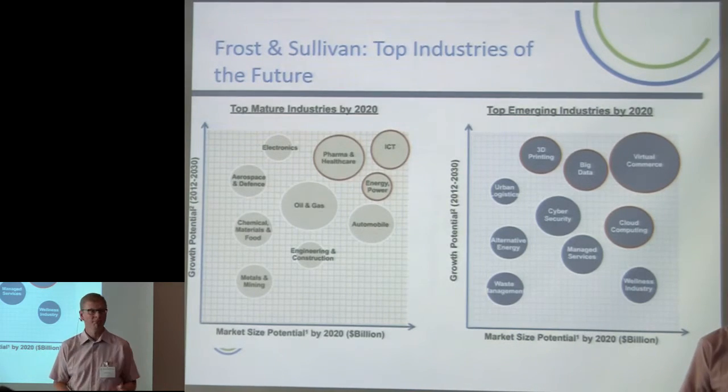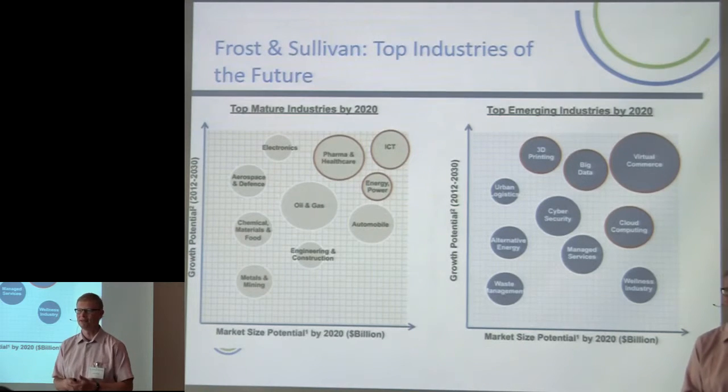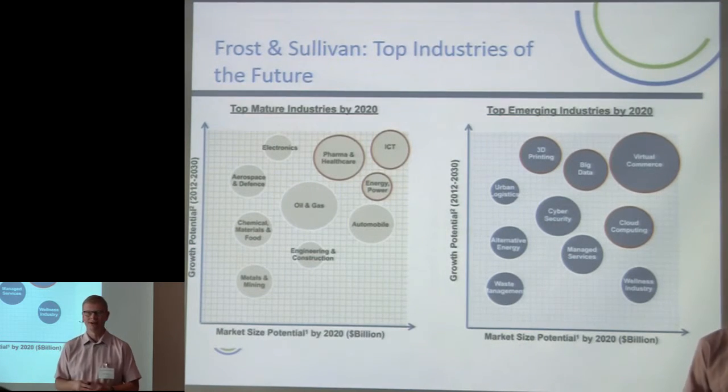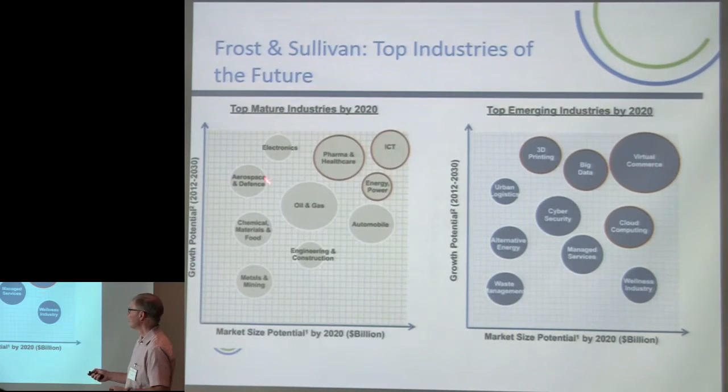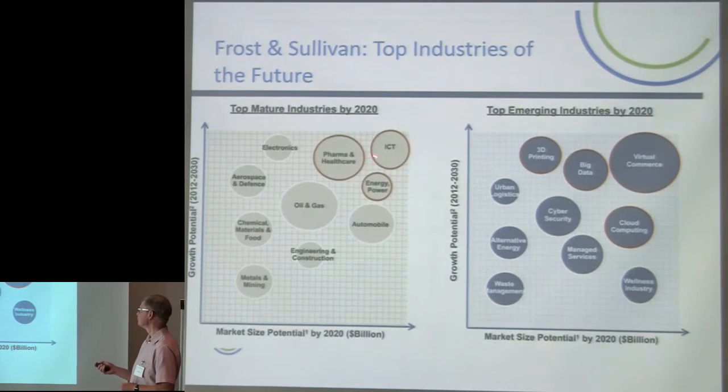I'm sure these are the kinds of things that you are also thinking about if you are thinking of engaging in an entrepreneurial career. As you can see, ICT is on top of the list of where you should go if you are really looking for something that has growth and market size potential.